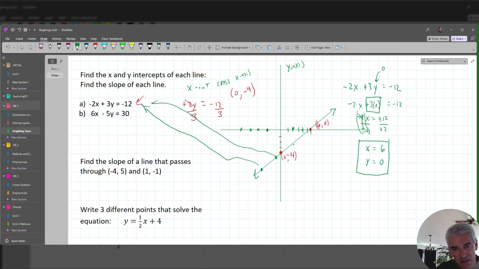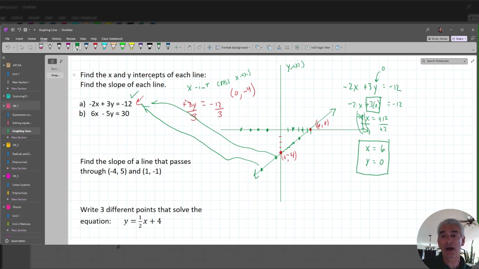If I plug in this point and this point, every point on this line, it makes the equation true. And there's no way I can draw every single point. There's an infinite number of points that work. There truly are. So we use that line to represent all of the points that make the equation true. So that's the graph of the line.